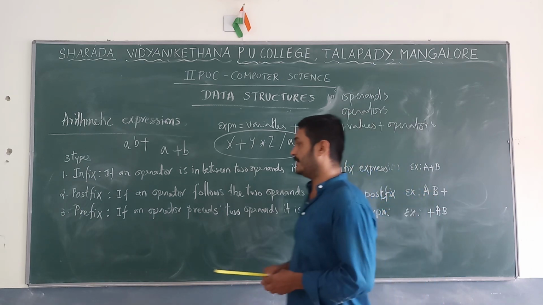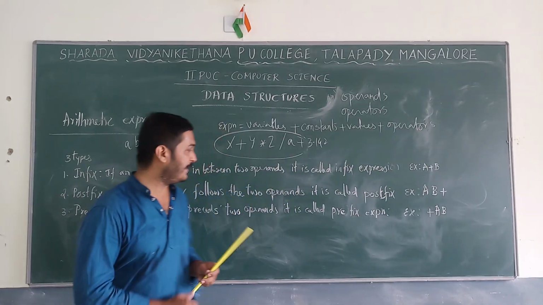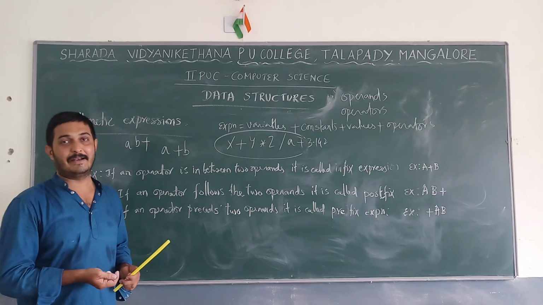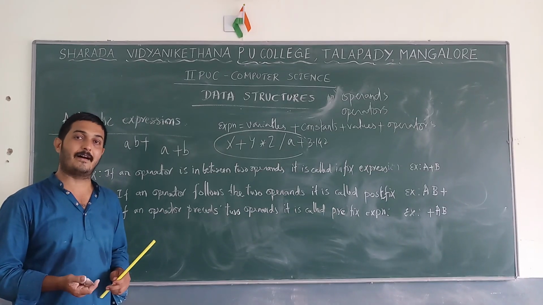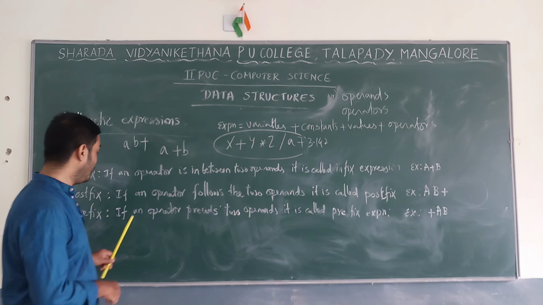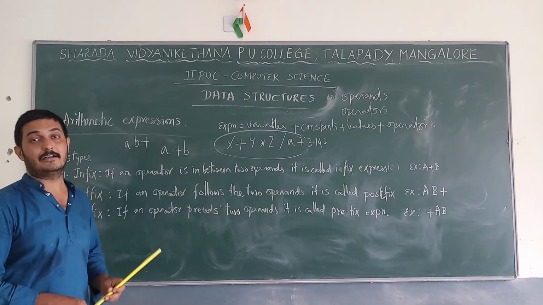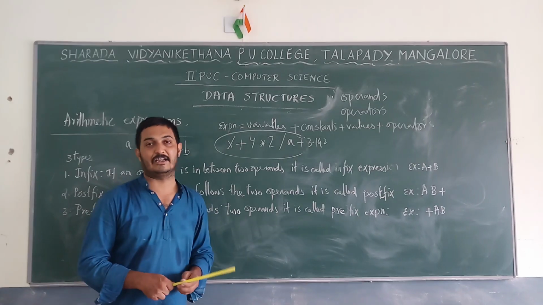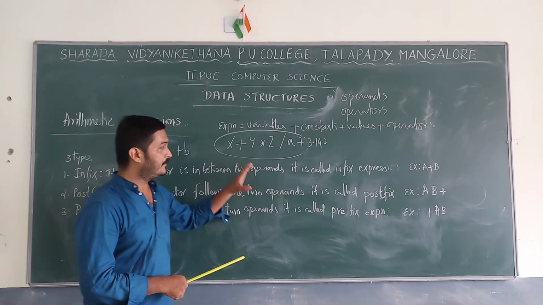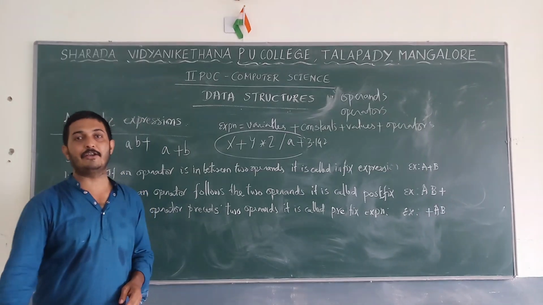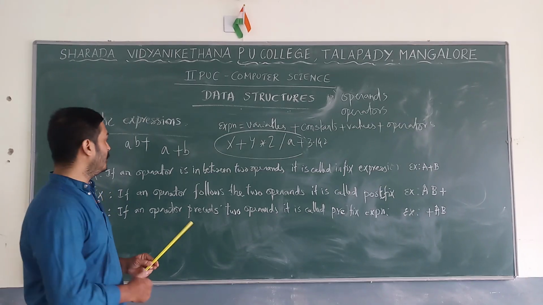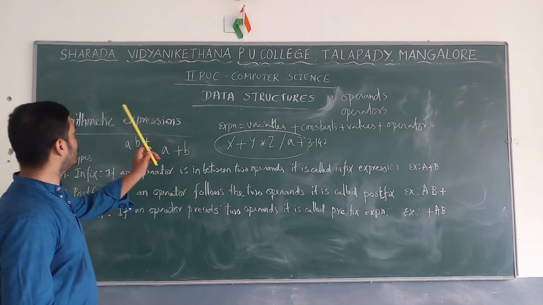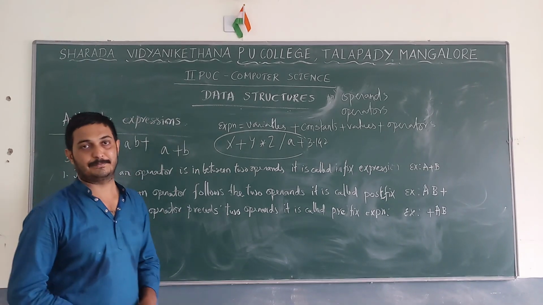The third one is the prefix expression, where first we write the operator, which may be any arithmetic operator: plus, minus, division, star, modulus, etc. That operator precedes two operands. It is called a prefix expression. These three things you can expect in your final examination, for 3 marks.